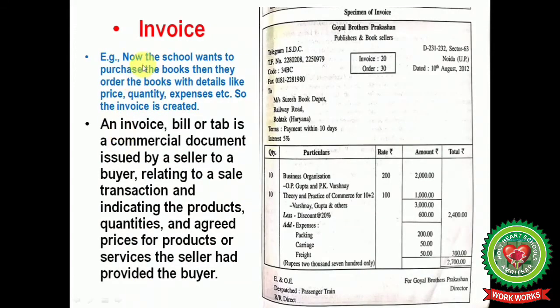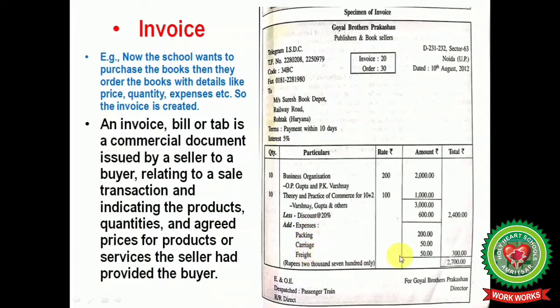Next one is invoice. For example, now the school wants to purchase books, then they order the books with details like price, quantity and the expenses that occurred. At that time an invoice is created. Likewise they include some expenses of packing, carriage and freight.